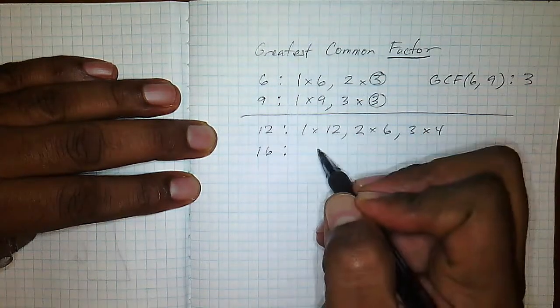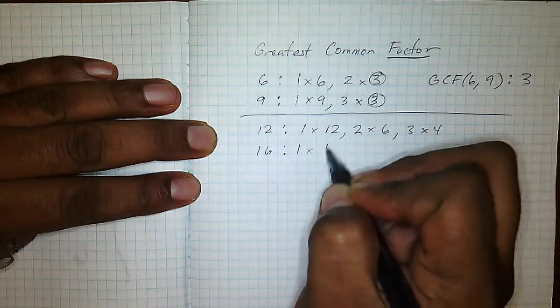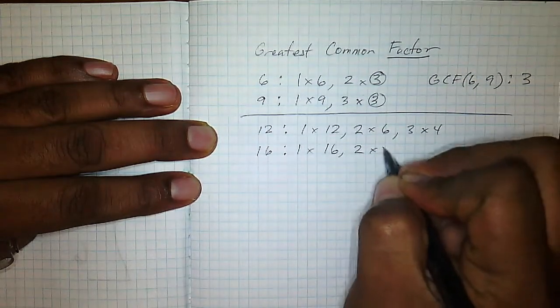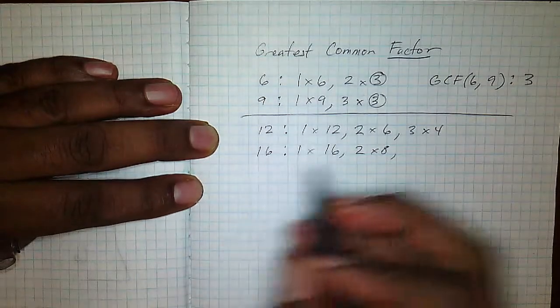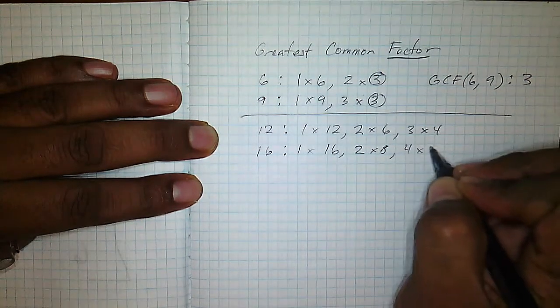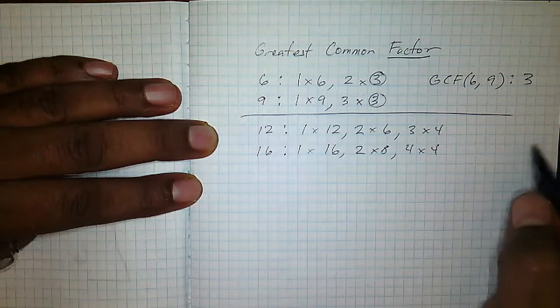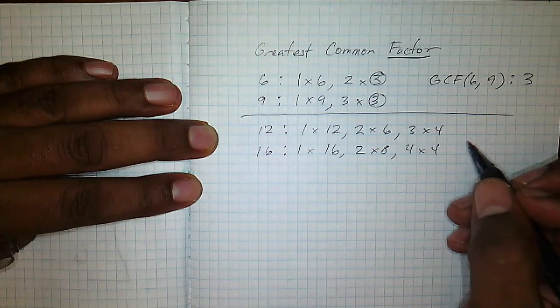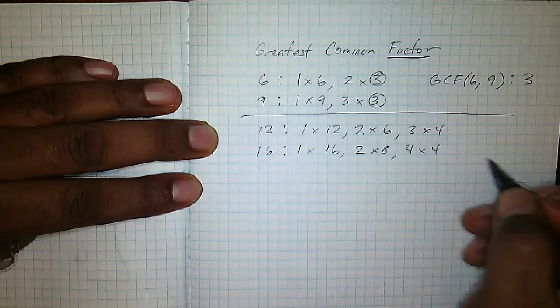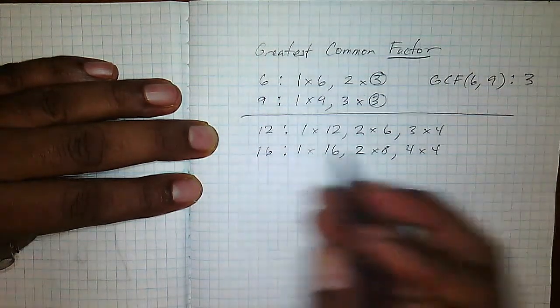And so for 16, of course, 1 times 16, we could do 2 times 8. We can't do 3 times anything, but we can do 4 times 4, right? And we can't do 5. We can't do 6 times anything. Can't do 7 times anything. But we can do 8 times 2, which we already have here. So we stop there. These are the different factors.